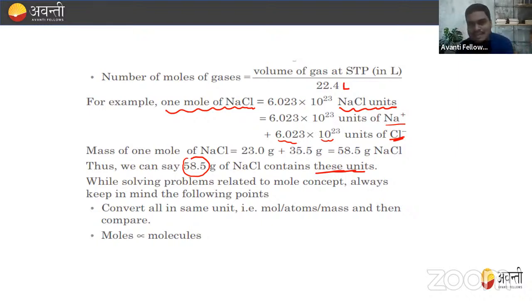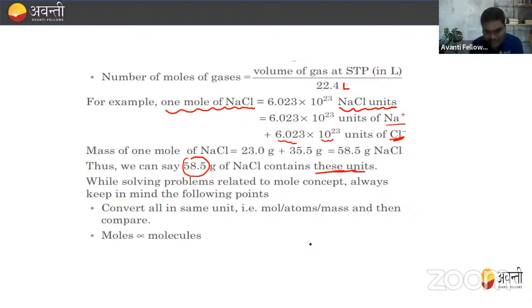Whatever atoms or molecules are in 1 mole, the total mass of all of them is called the molar mass. So always remember, a mole is always equal to the molecular mass. Clear? So 58.5 gram of NaCl.